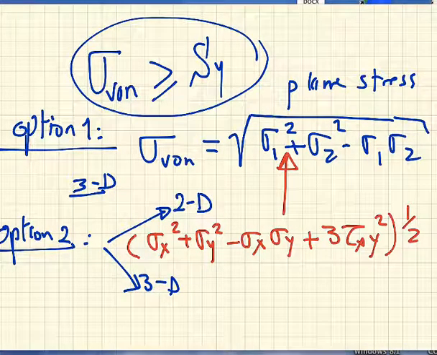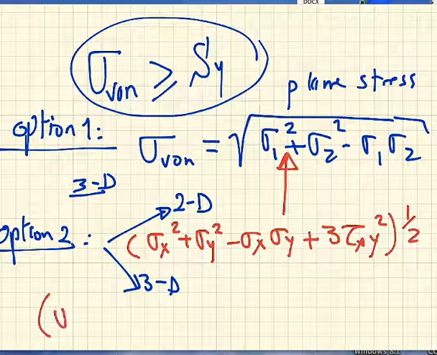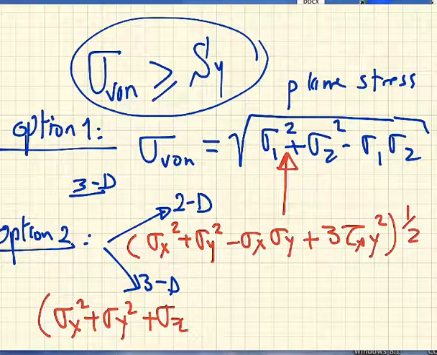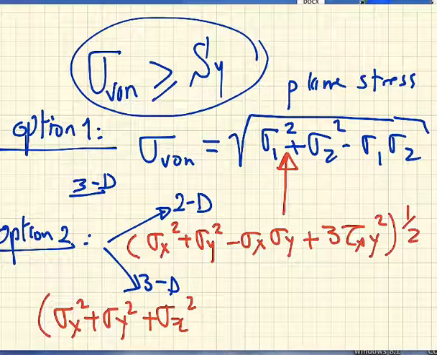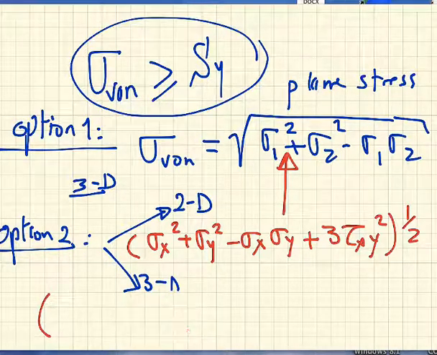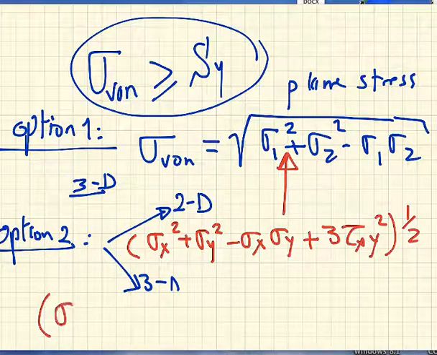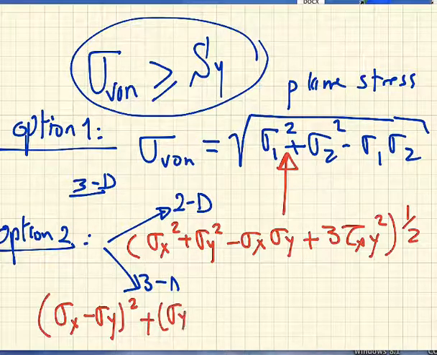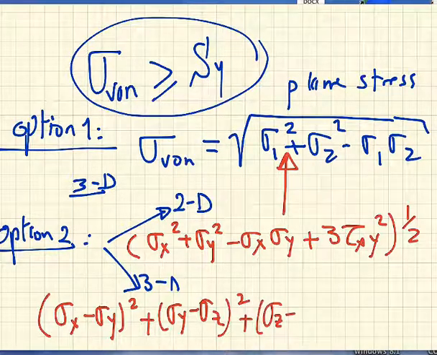In 3D, then the corresponding von Mises stress has the x squared, y squared, z squared terms, and without expanding, we can do it like this: sigma x minus sigma y squared, and then y minus z squared, and then z minus x squared.